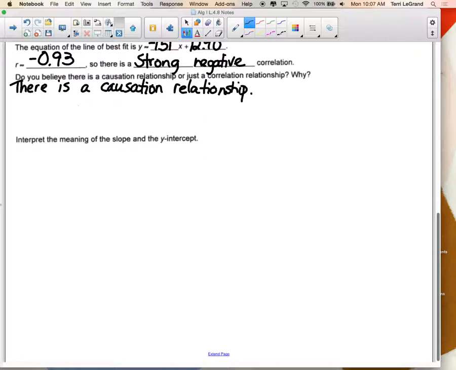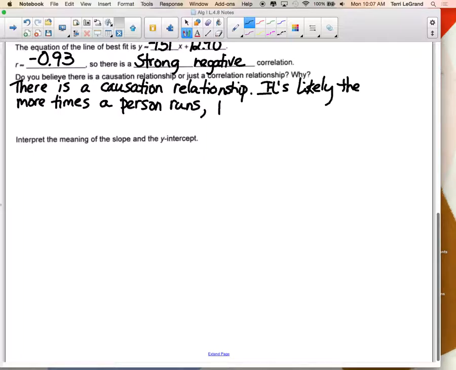End of sentence. It's likely, or in other words, we think there's a causation relationship because it's likely the more, doesn't mean this actually happens for every person, but it's likely that the more times a person runs, the better their time gets, right?